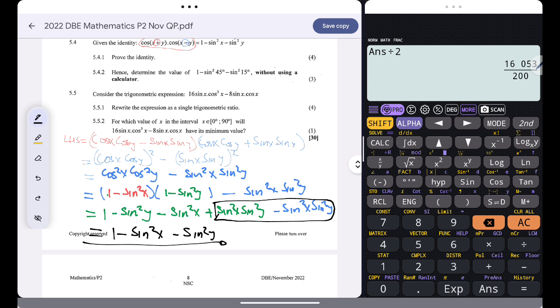So now I've shown that the left hand side is equal to the right hand side.